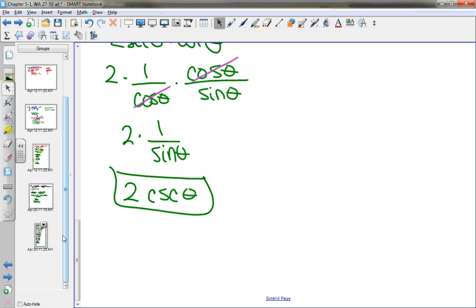When you're driving somewhere and you learn a shortcut for the first time, do you memorize it right away? You try, but you might take a wrong turn every now and again, correct? Well, that's what this is like with these trig identities. Sometimes you're going to take a wrong turn, you're going to do the exact wrong thing completely. You just got to back it up and start from scratch.